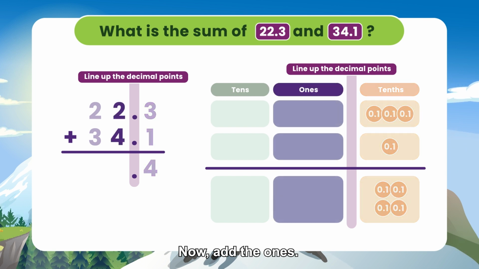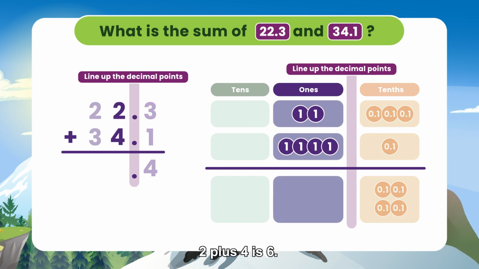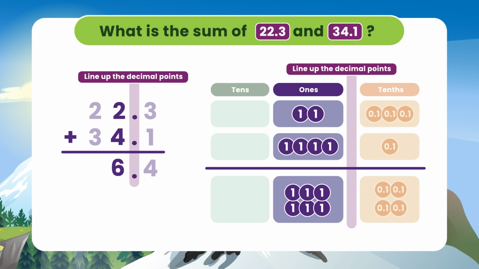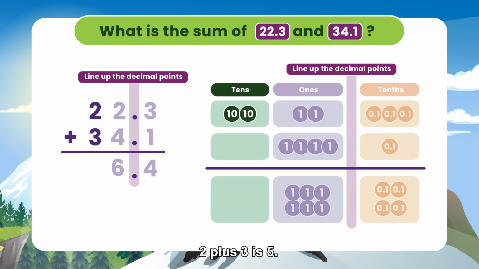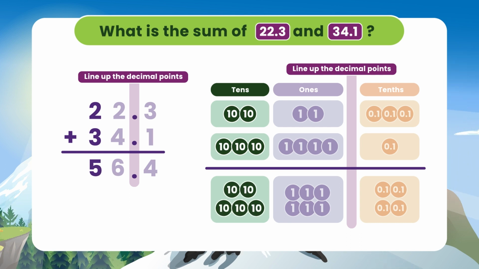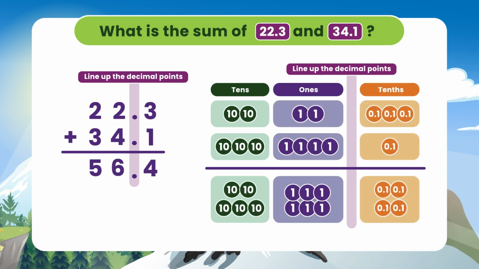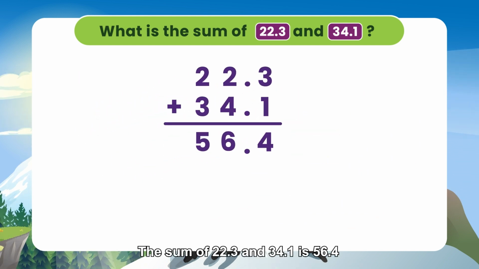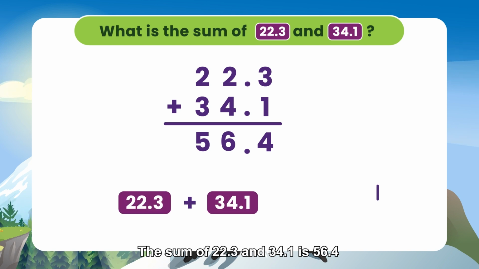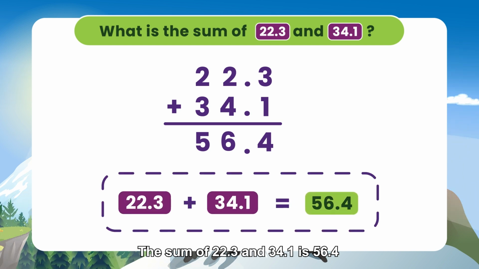Now, add the ones. 2 plus 4 is 6. Add the tens. 2 plus 3 is 5. There you are. The sum of 22.3 and 34.1 is 56.4.